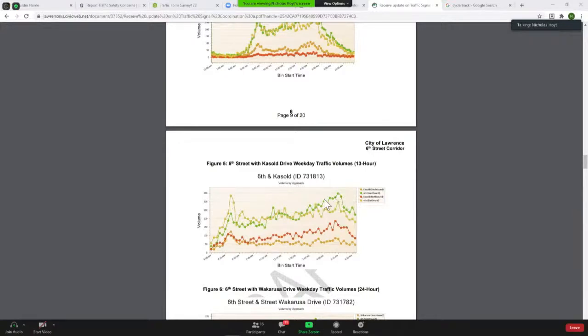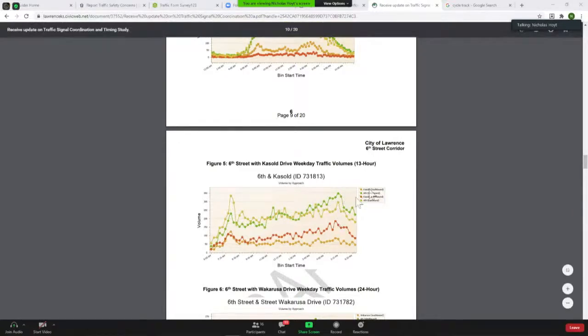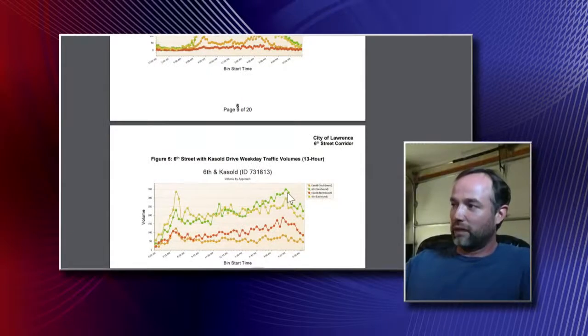So on this graph, green is the number of cars traveling westbound each hour, and this orange one is eastbound each hour. On 6th Street, these 2 are Iowa Street, north and southbound.